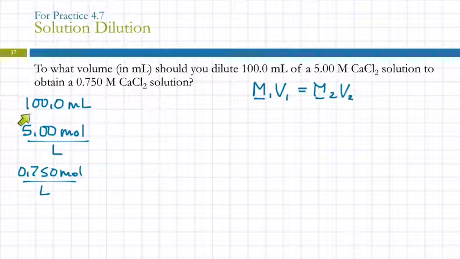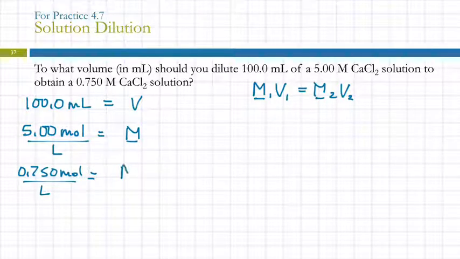So over here I have a volume and a molarity and a molarity, right? So this is a volume, this is a molarity, and this is a molarity. We can see that from the units, if nothing else. The 1s and 2s do not correspond to concentrated and dilute. They're just one and the other.